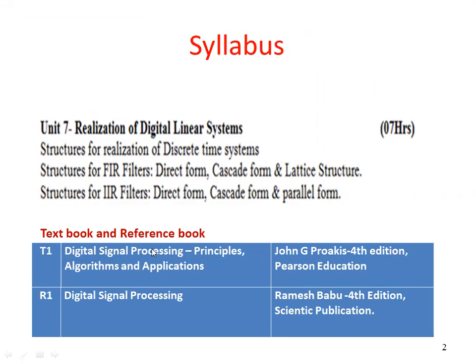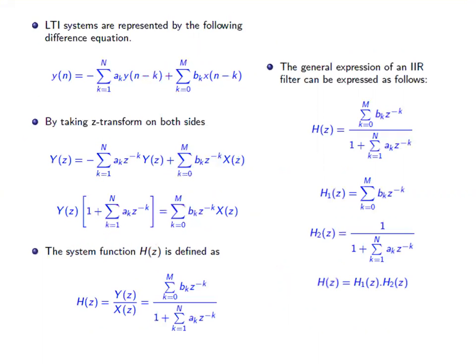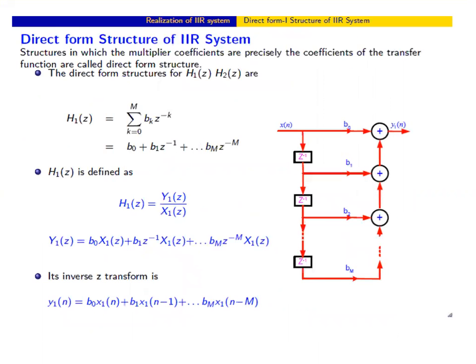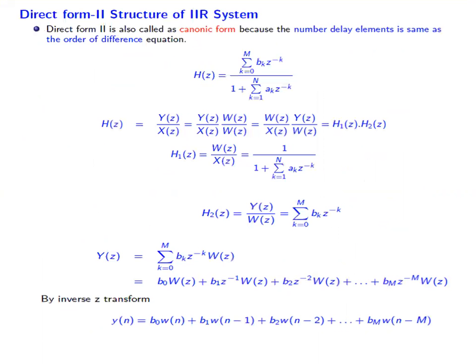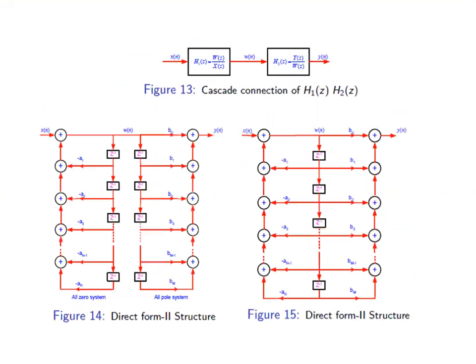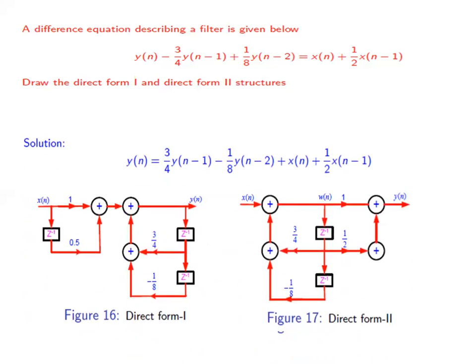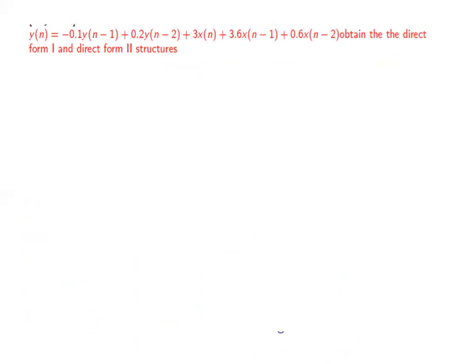So yesterday we discussed the differences, and we derived an equation for direct form structure, direct form 1 and direct form 2 structure, and also solved an example on direct form 1 and direct form 2 implementation. So today we will take one more example.